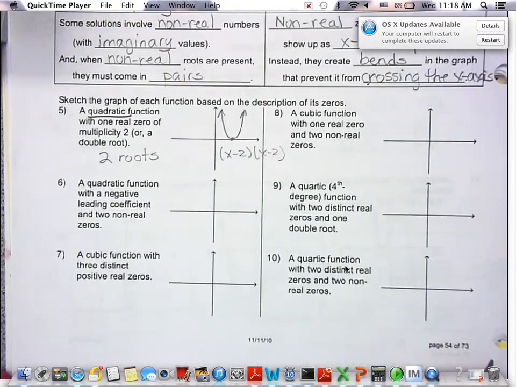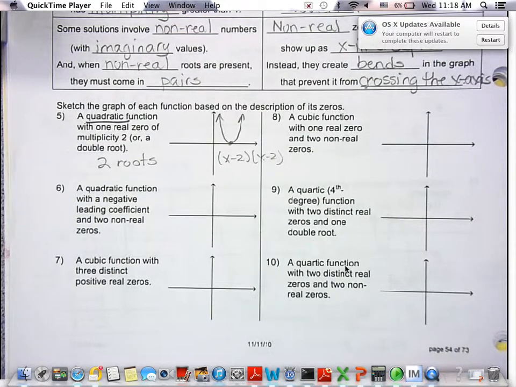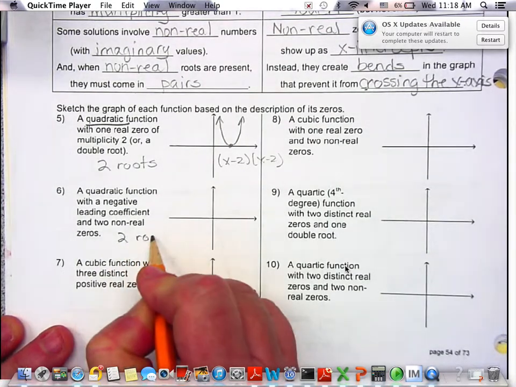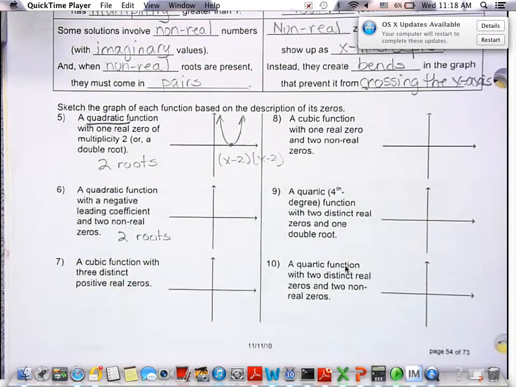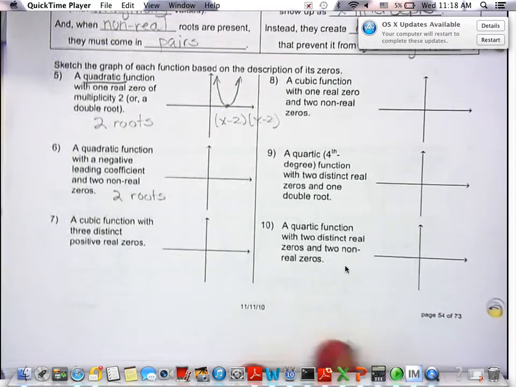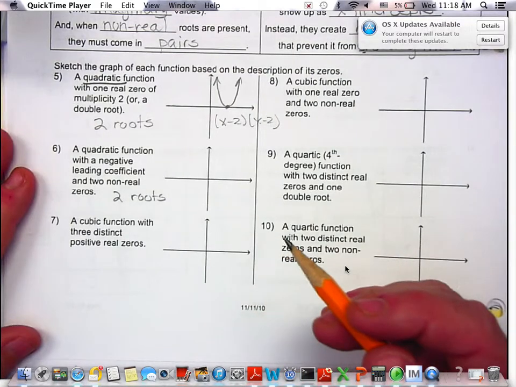Okay, how about number 6? A quadratic function with a negative leading coefficient and 2 non-real zeros. Quadratic, so it's got 2 roots. Negative leading coefficient. What does that mean? How's it going to end? Down. And 2 non-real roots, imaginary. It's going to go up and down, not touching it.